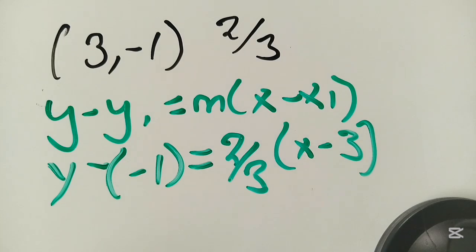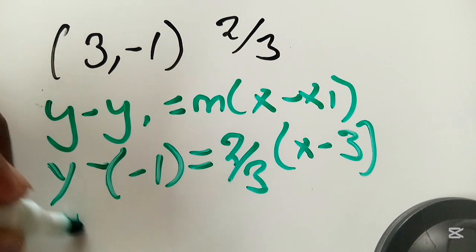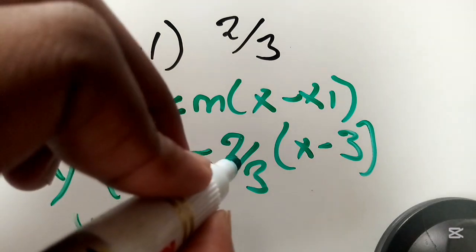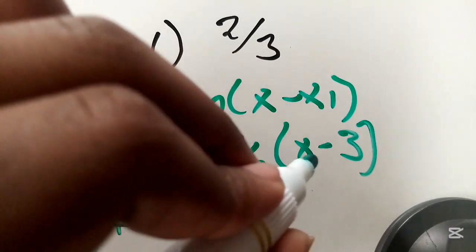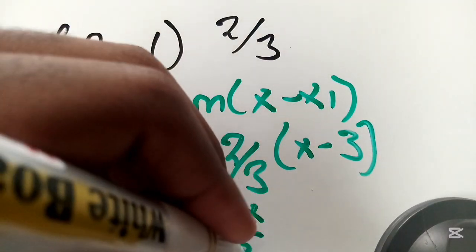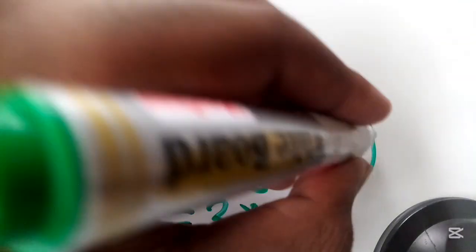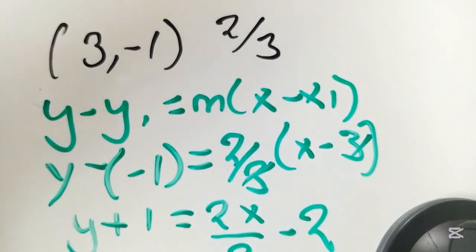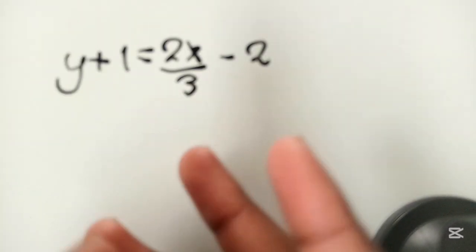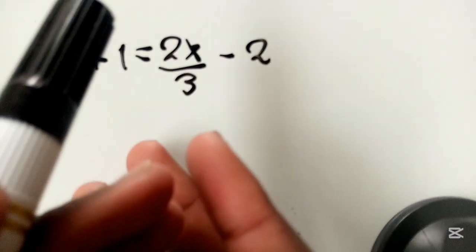So now, after this, y minus -1 is obviously y plus 1. And then we have 2 over 3 times (x minus 3). So that's going to be 2x over 3 minus, these two will cancel, which will give us 2. So we have this. Now when we're making the equation, y is supposed to be the subject.